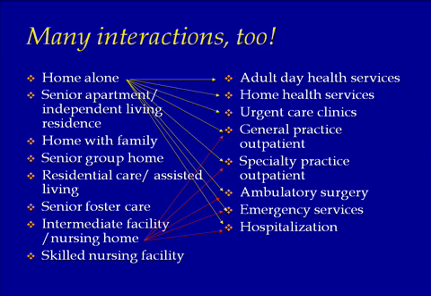The other thing is that there are lots of interactions between services. Rarely does an older adult use one type of assistance. They have a living environment, but then they're supported many times with an array of social and health services that allow them to be as functional as possible.